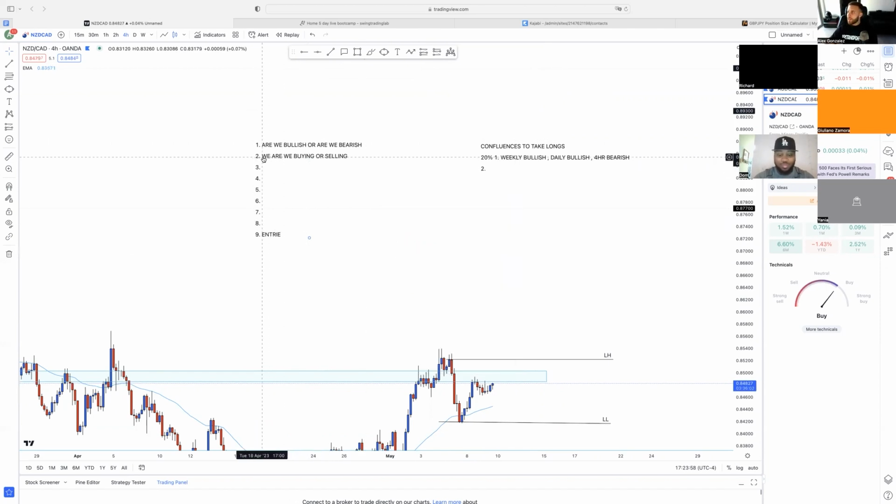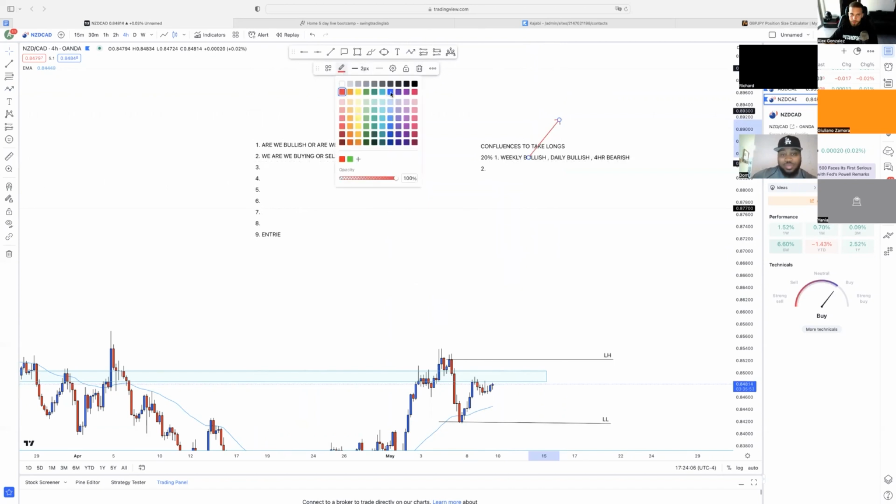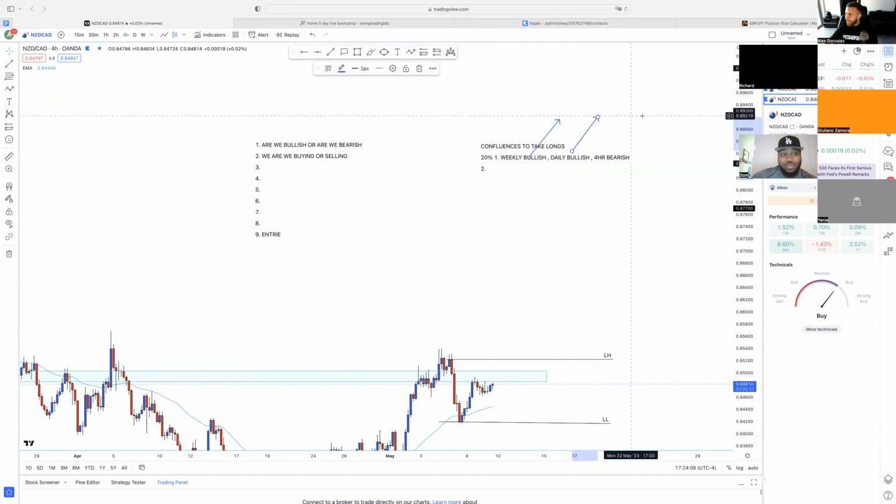So tomorrow we're going to discuss where we are buying and where we are selling. Obviously, if we are bullish, we are only buying, so that eliminates this. That makes it a lot easier. We don't have to look for sells. And if we're selling, we're only looking for selling, so it eliminates the buying. We're making everything so simple.